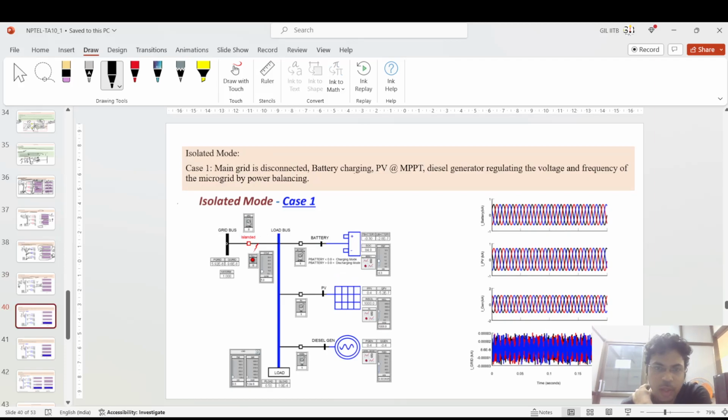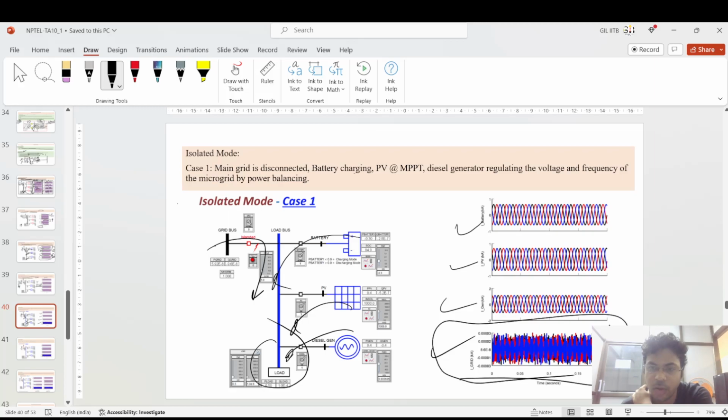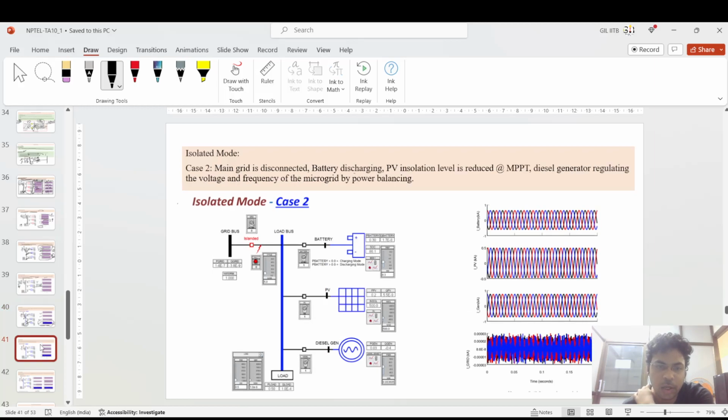In the islanded mode, the current taken by this load is actually taken from the battery, PV, and the diesel generator, and all the currents are being supplied. No current is being taken from the grid. If you see in the lower figure also, the current coming from the grid is nearly equal to zero.